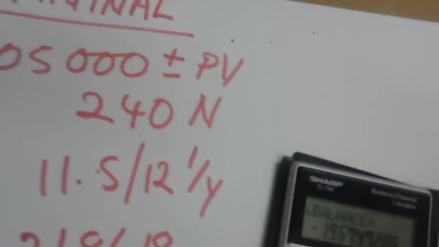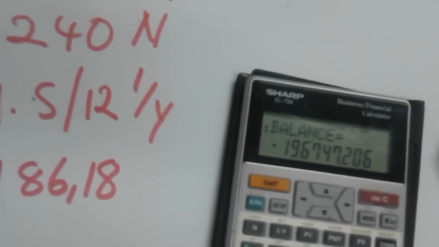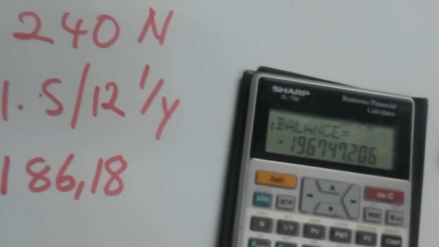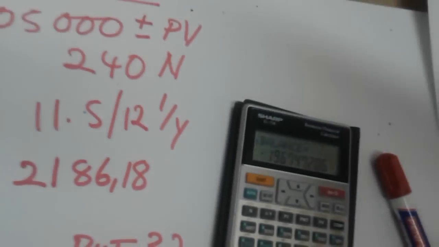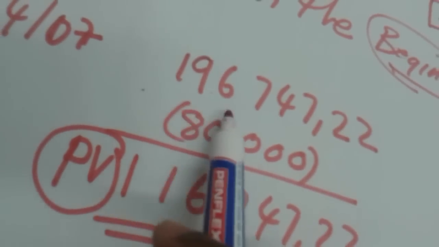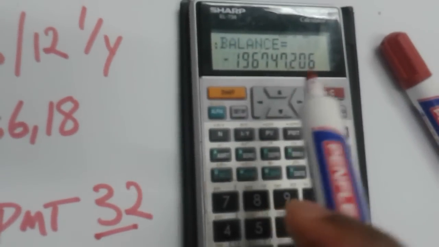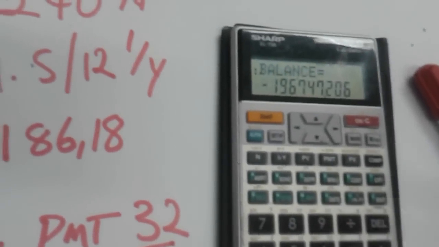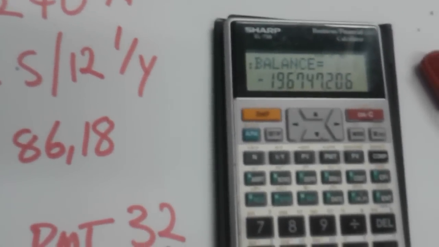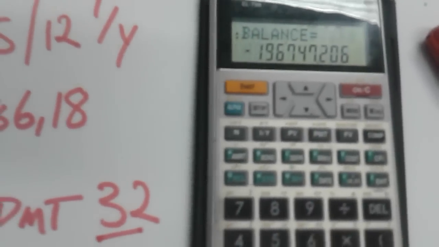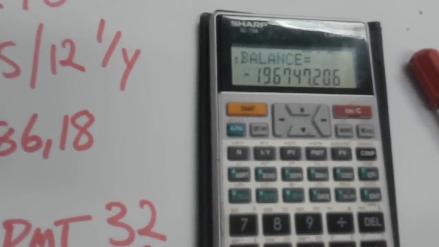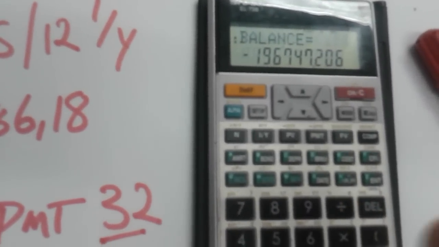Now check this. This balance is exactly what we have on our bank statement, which is this one, 196,747.22. There you go, 196,747.22. Of course, there's a minor difference there. Okay, so now, like I said, we don't want the balance.